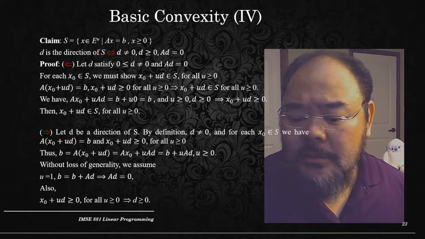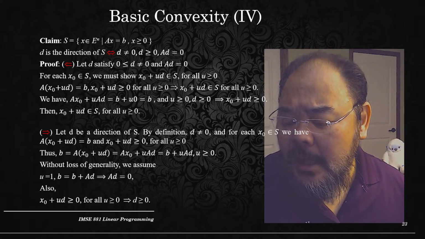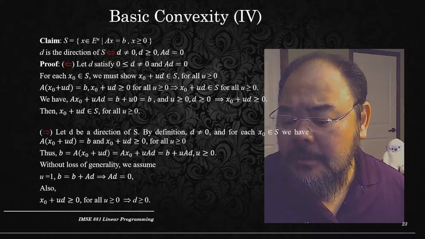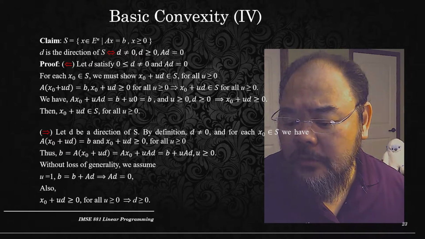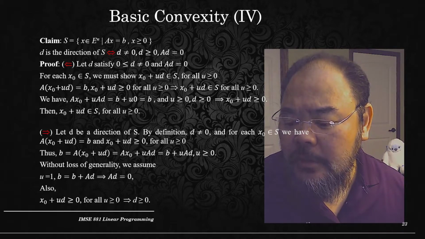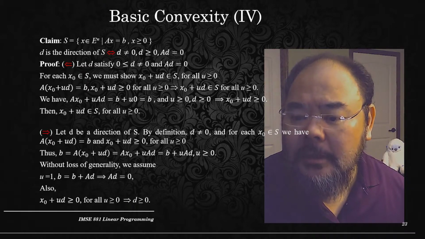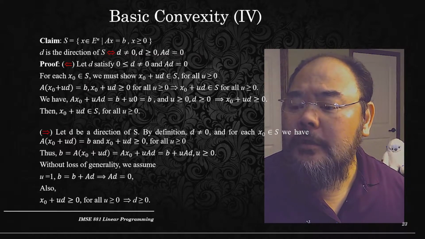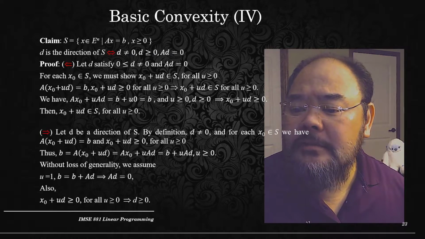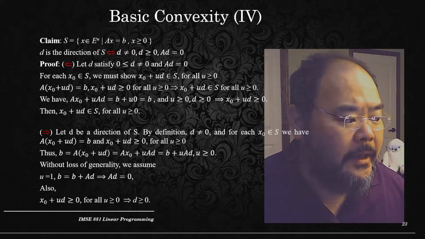So u can be any value in that case. Also, x naught plus u times D is non-negative for all non-negative u. Therefore D has to be non-negative, because x naught is non-negative, u is non-negative, and if we want this always to be true, D has to be non-negative. So we have proved that if D is a direction of S, D satisfies all three conditions on the right-hand side.